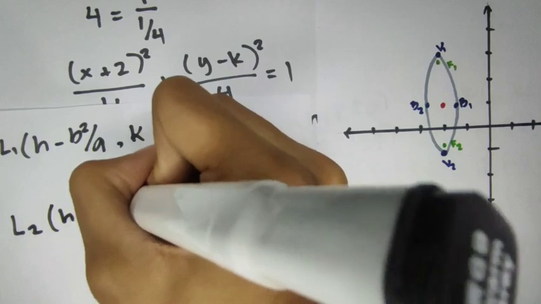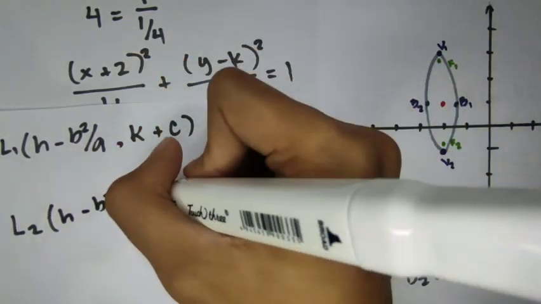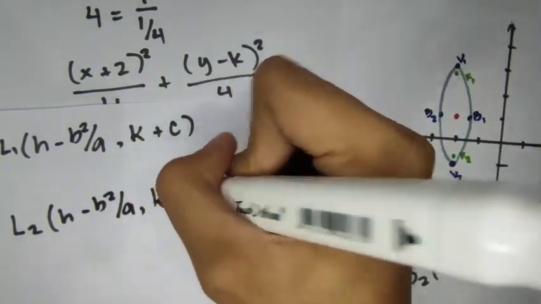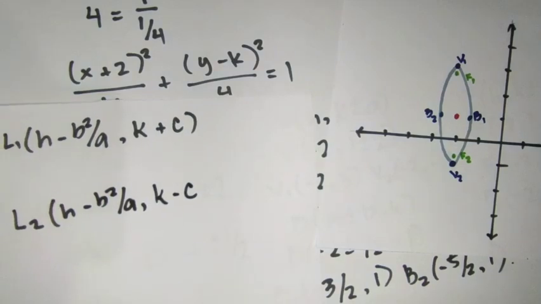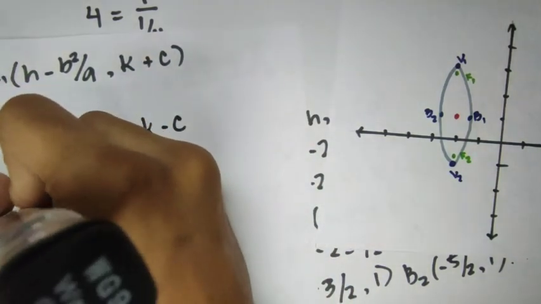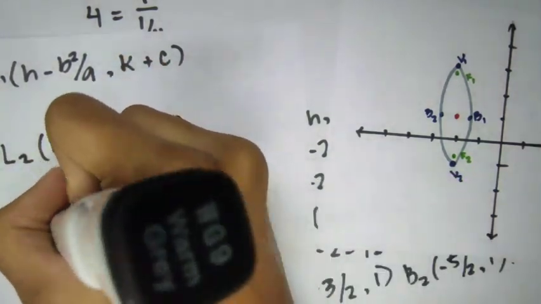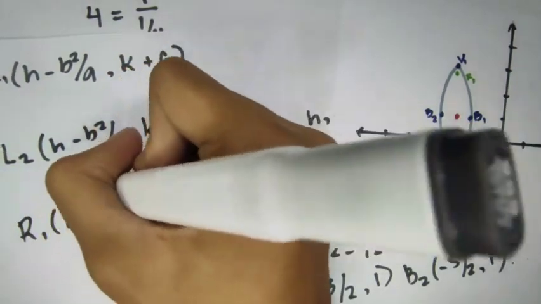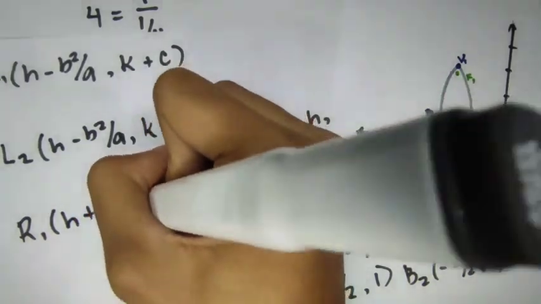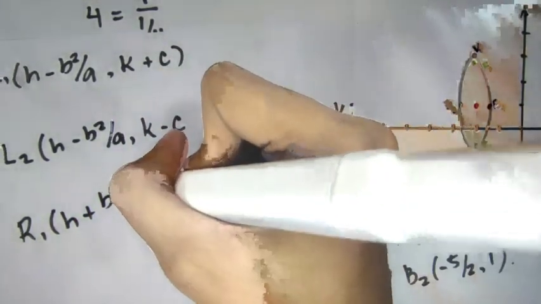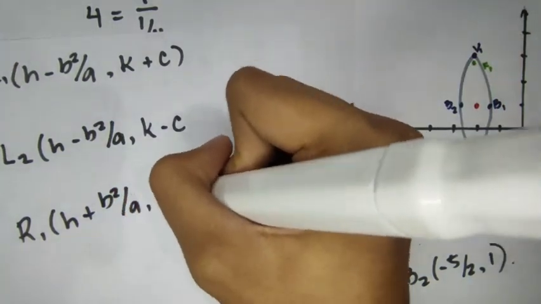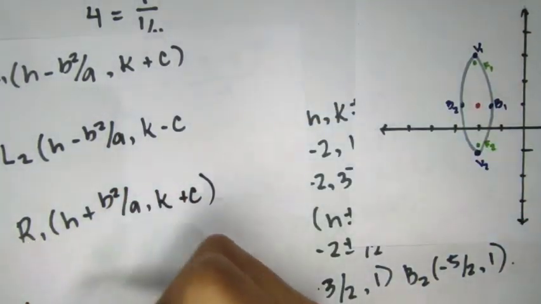So here I'm now doing the equation for L sub 2, which is h minus b squared over a, comma, k minus c. The R sub 1 would be h plus b squared over a, comma, k plus c. The R sub 2 would be h plus b squared over a, and then k minus c.